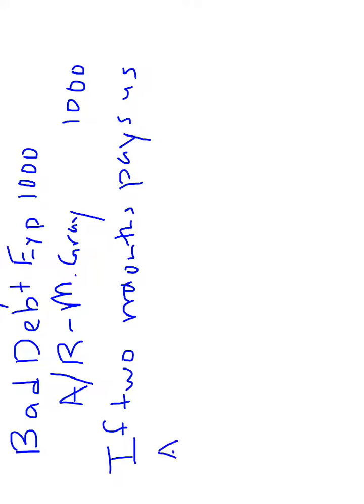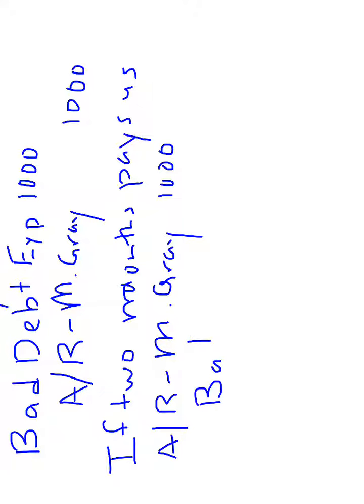So we would debit the accounts receivable account for M. Gray because we have to put that money back into that account. And then we would take it back out of bad debt expense because it's no longer bad debt, because she's paying us.